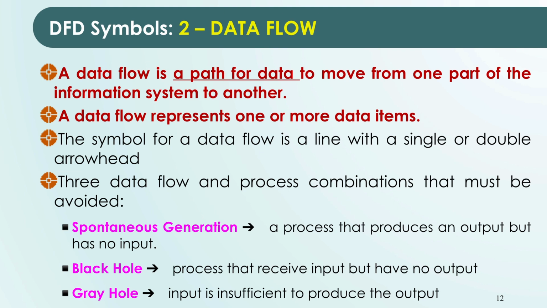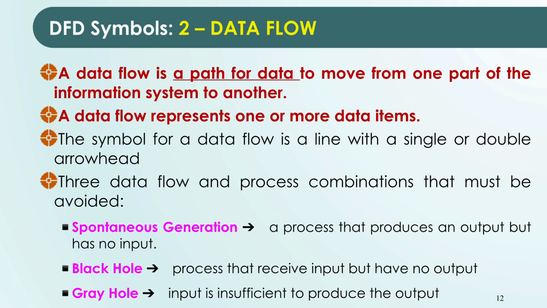We cannot produce CGPA based on birth date. So it is called a gray hole, where the input is insufficient or the input is an error. The input is not suitable for producing that particular output.